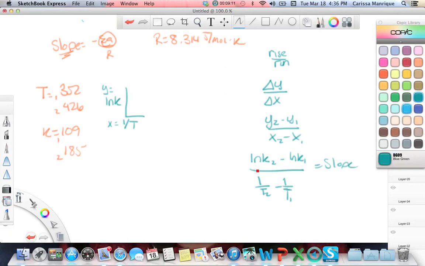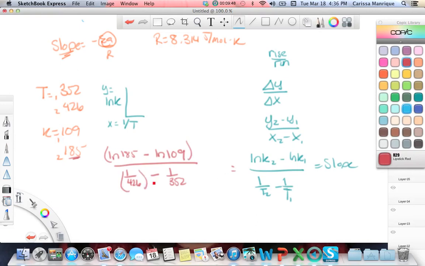So let's plug in our numbers here. Equals, so I'll have natural log of k2, so here's my k2 right here, 185, minus natural log of 109, divided by 1 over t2, t2 is 426, minus 1 over t1, which is 352.